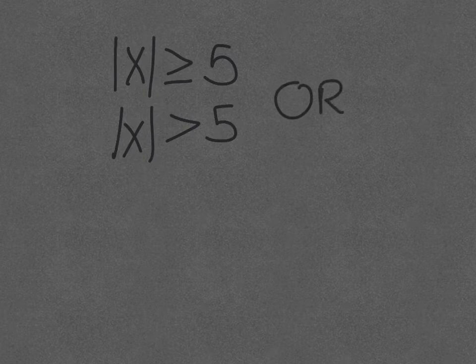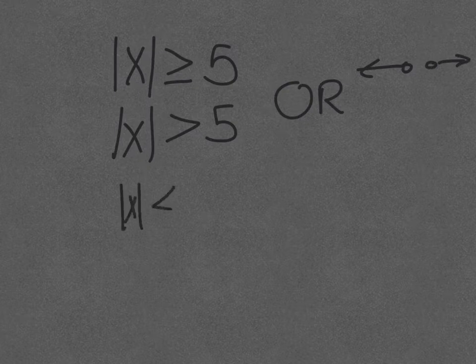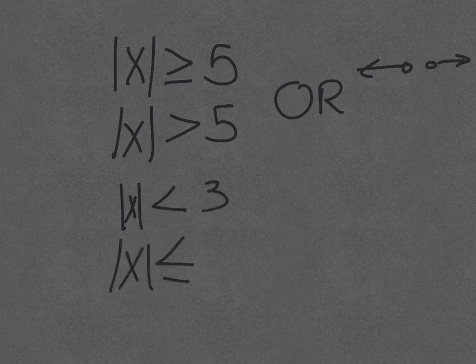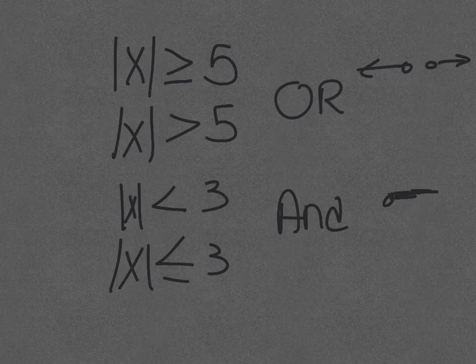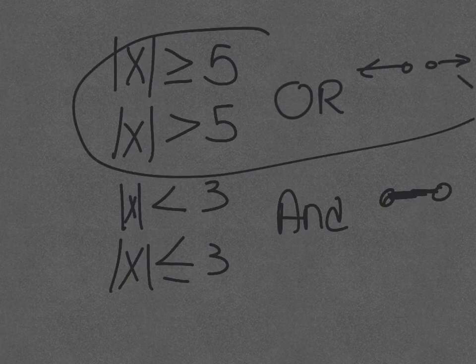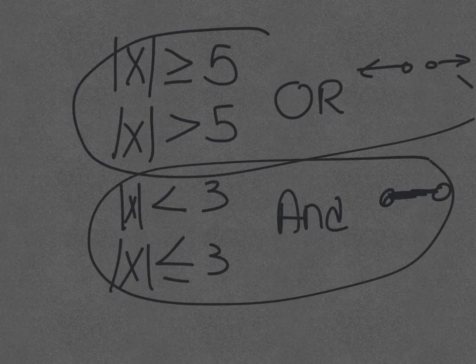So your graphs are going to be going in opposite directions. If it's less than or equal to, then it's going to be an and. So your graph is going to be in between two numbers. They're both going to be pointing inward. So that'll give you a hint of what your graph's going to look like before you even start the problem.